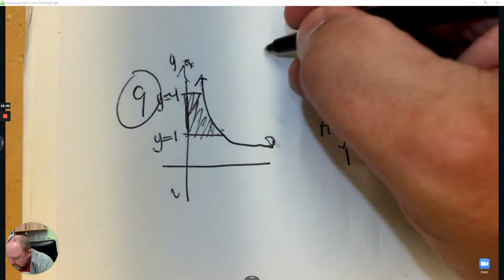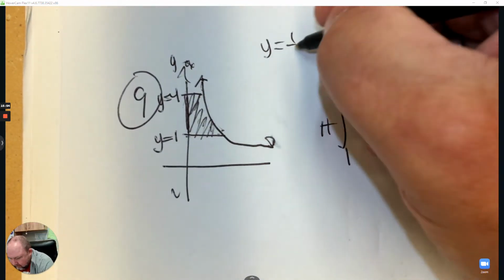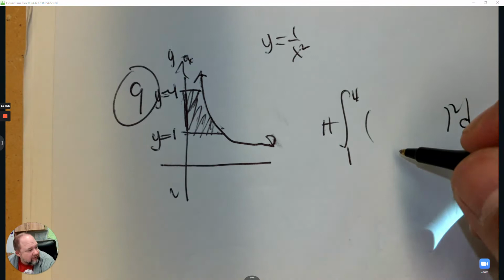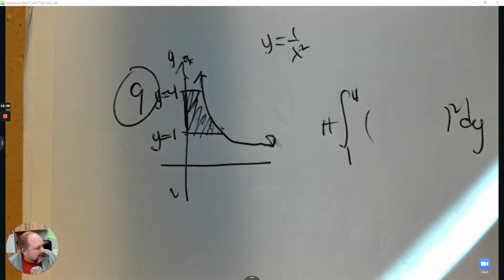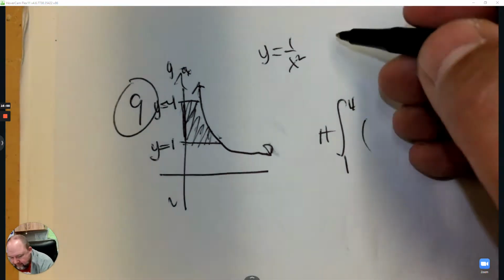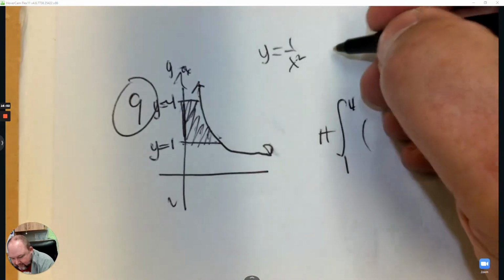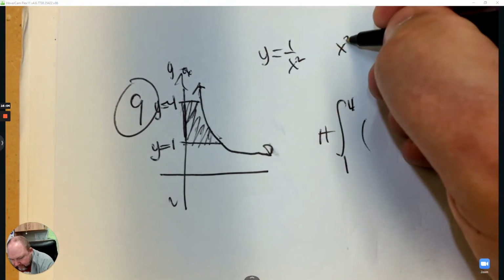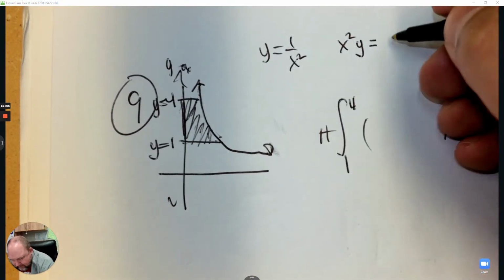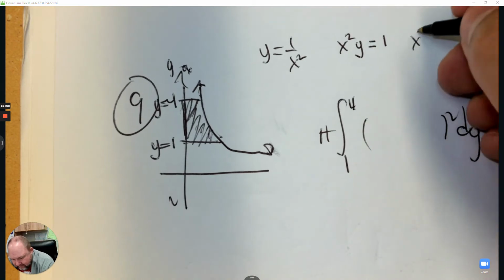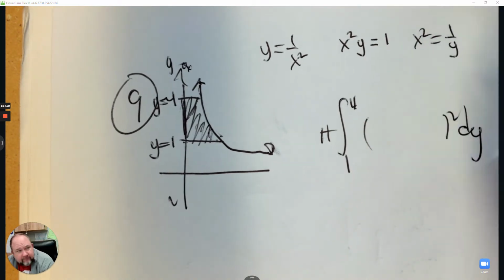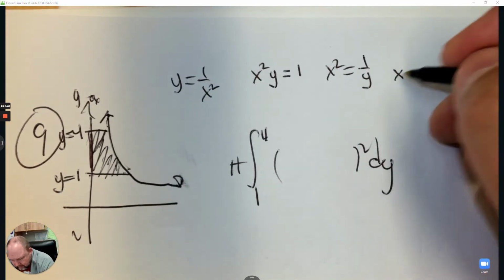So the right is y equals 1 over x squared. Now I need to change the way that looks because I need to know what x equals in terms of that. So that's the trick of this. So I'm going to multiply both sides by x squared. Then I'm going to divide by y. And then I'm going to square root it.